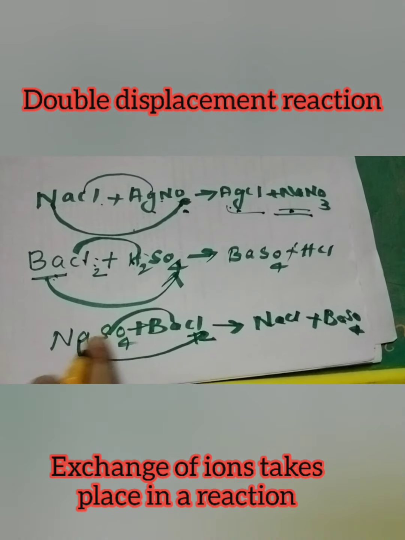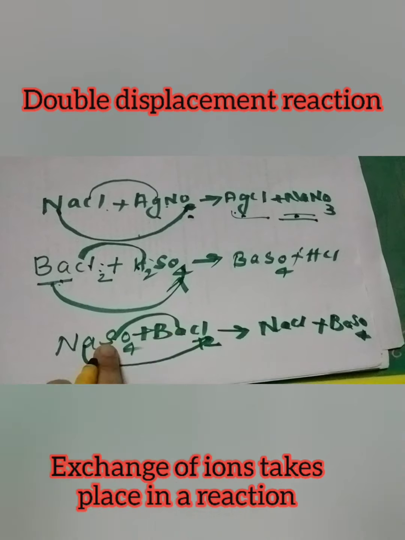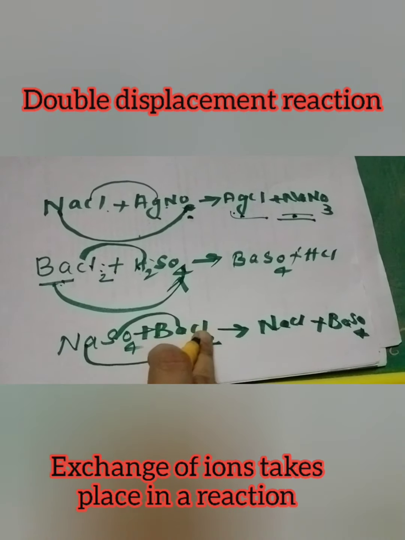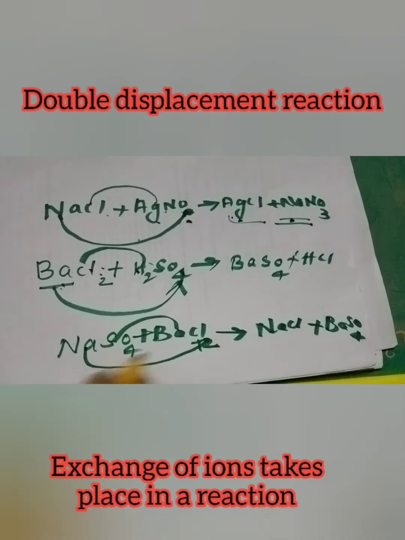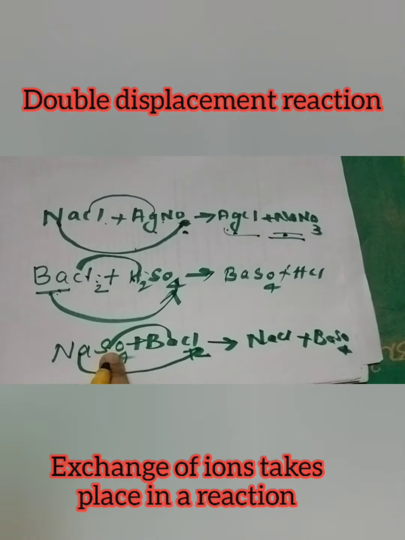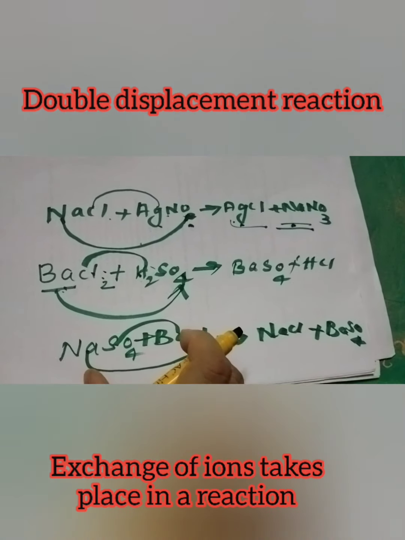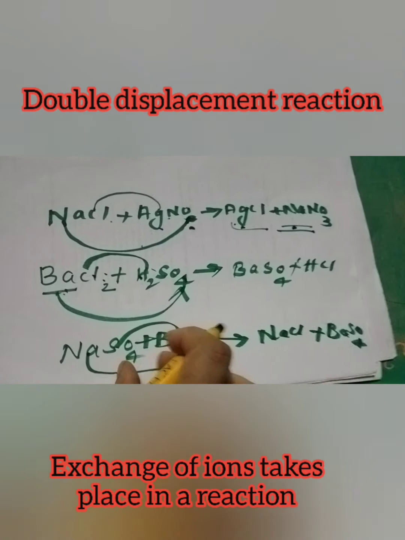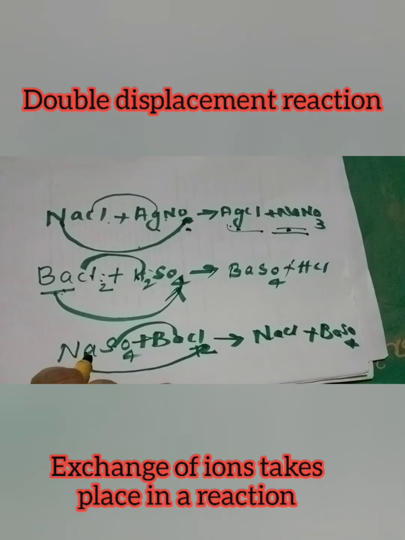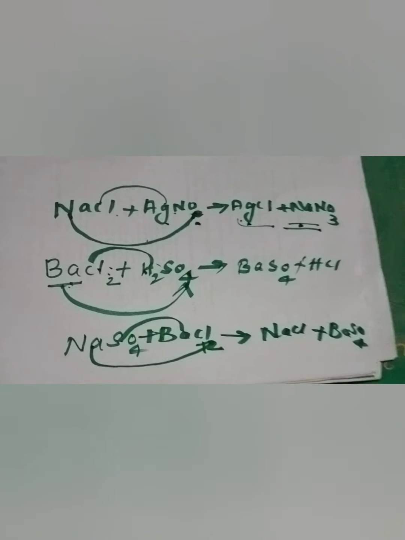Initially these two are friends, now your friend becomes his friend and his friend becomes your friend. It is like this, NaCl and BaSO4. You can clearly notice that these become friends and these become friends. Exchange of ions takes place. So double displacement reaction is nothing but where exchange of ions takes place.